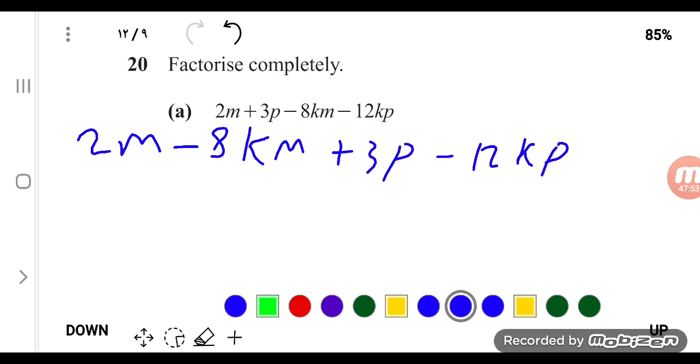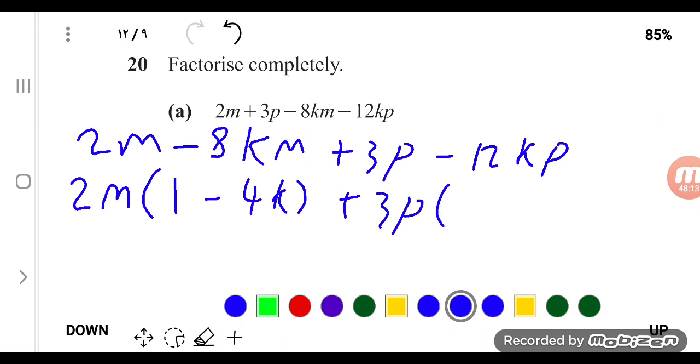Now let's take common factors from the first two terms. If you take 2m common factor, you get 2m open bracket 1 minus 4k, and then take common factor again, which is 3p, so plus 3p times 1 minus 4k again.